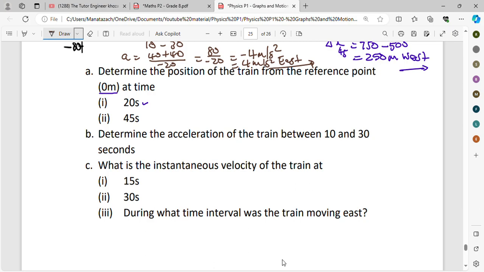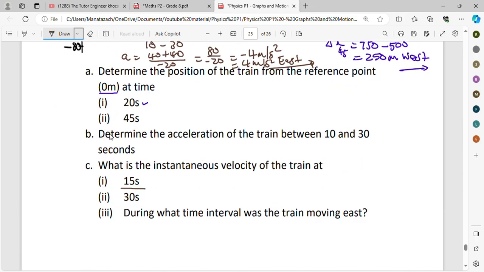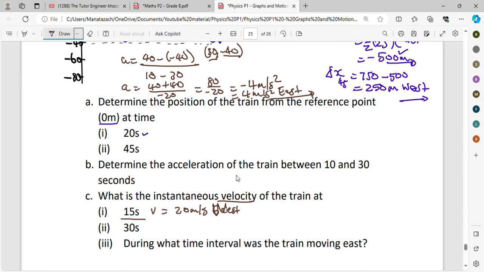Okay, so let's go to question C. What is the instantaneous velocity of the train at 15 seconds? So let's read it off the graph, where time is 15 seconds. That corresponds with 20. So this is the instantaneous velocity. Here we can simply say velocity is 20 meters per second west, since west is the positive direction.